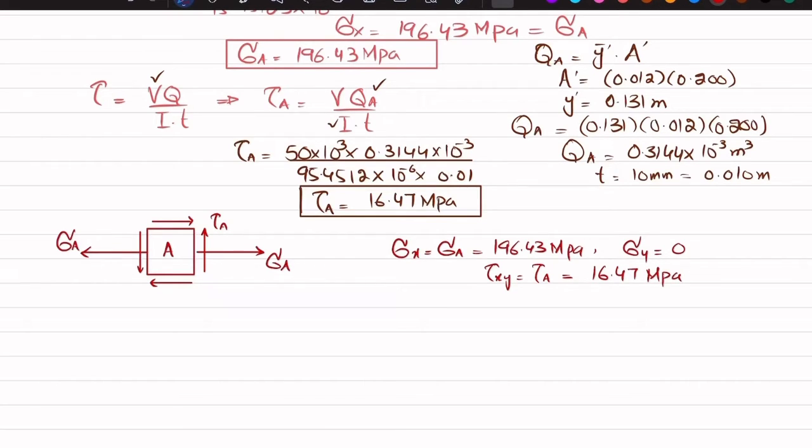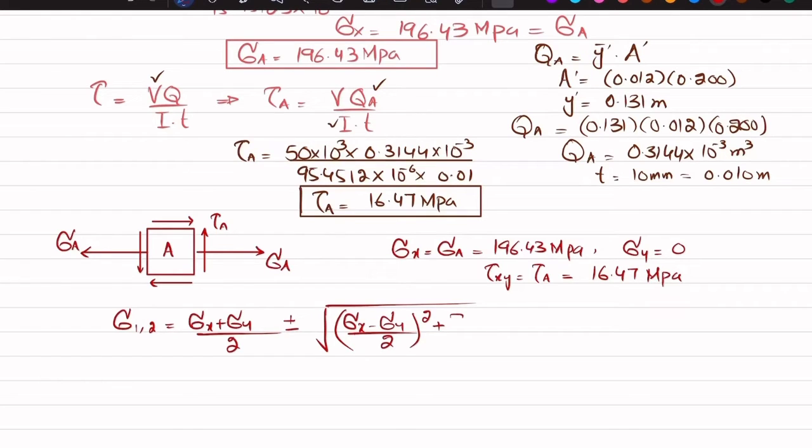Okay, now we know that principal stress sigma 1, 2 is equal to sigma x plus sigma y divided by 2 plus minus square root of sigma x minus sigma y divided by 2 whole square plus tau of xy whole square.